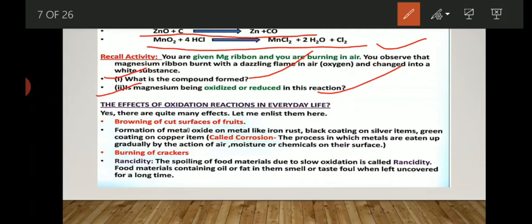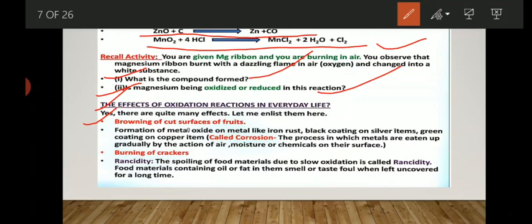Now let's discuss the effects of oxidation reaction in our day-to-day life. There are many effects which we see in our day-to-day life. So let's list them. The first example is browning of the cut surface of fruit.